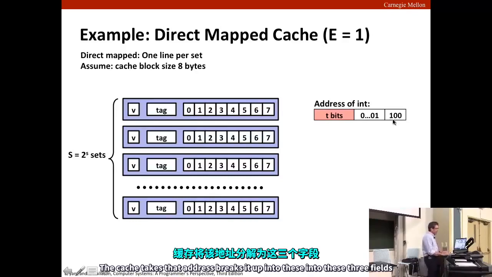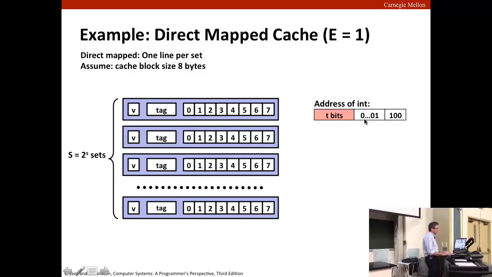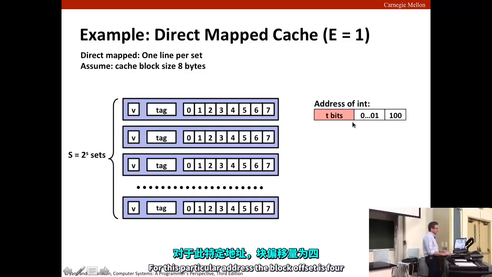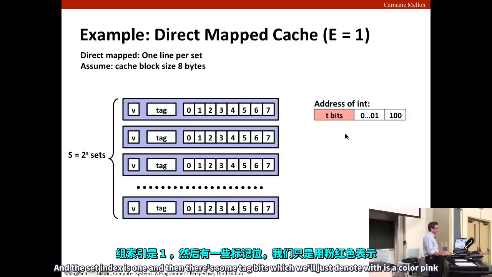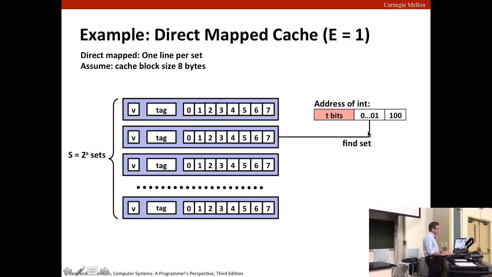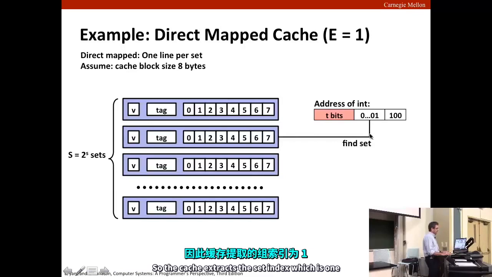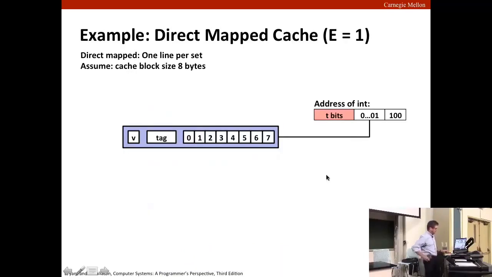The cache takes that address and breaks it up into these 3 fields. For this particular address, the block offset is 4, the set index is 1, and then there are some tag bits, which we'll just denote with the color pink. So the cache extracts the set index, which is 1, and then it uses that as the index into the sets.